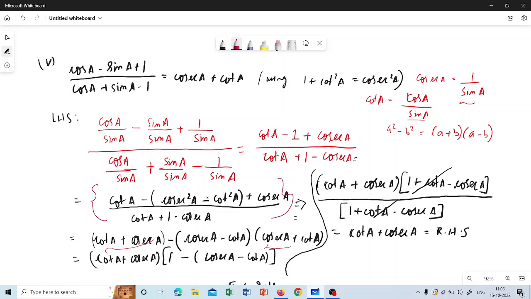Similarly in the numerator, the next step of using the identity. These two steps are very important. These two steps in the problem are defining, and you have to try to understand the way to solve different types of questions, because in trigonometry the way you solve depends on the type of the question.